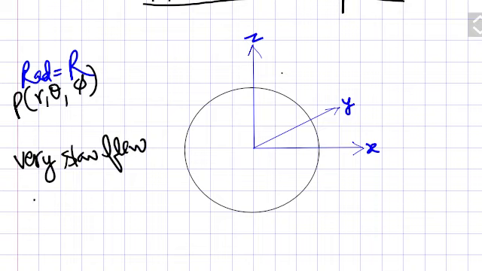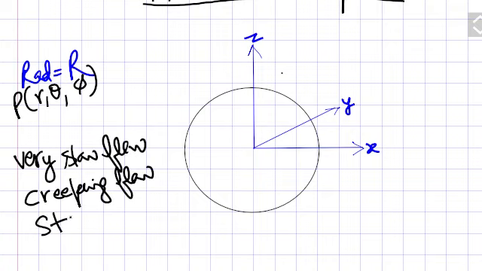Otherwise things become very complicated. This flow is also called creeping flow, or you can call it Stokes flow. So for this flow we will study our problem.